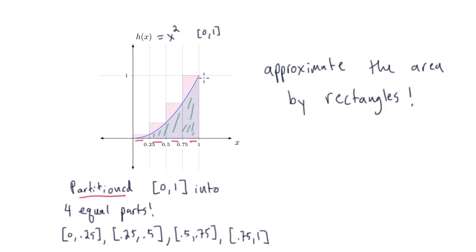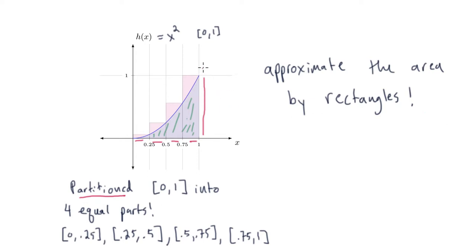But what about the height of each rectangle? Well, here I actually have to make a choice. I have to pick how high I want the rectangle to go up. Here I've specified the right endpoint of each subinterval, so 0.25, 0.5, 0.75, and 1, to be the height.